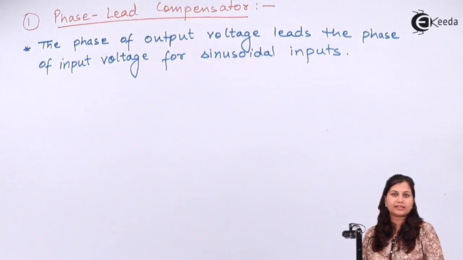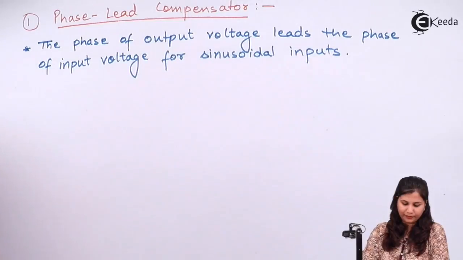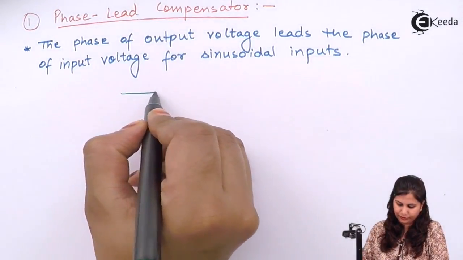Here, as we are considering electrical compensating networks, let us consider an electrical phase lead network. Let's draw the circuit diagram for this.